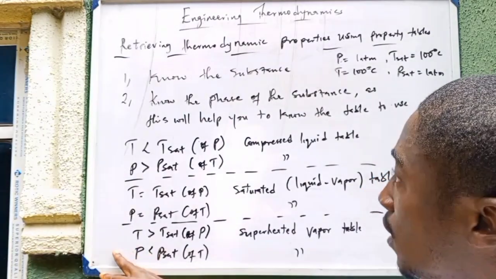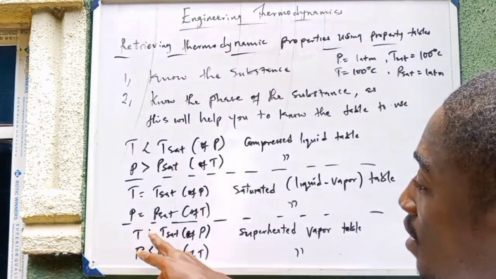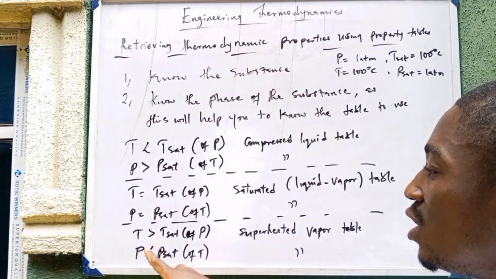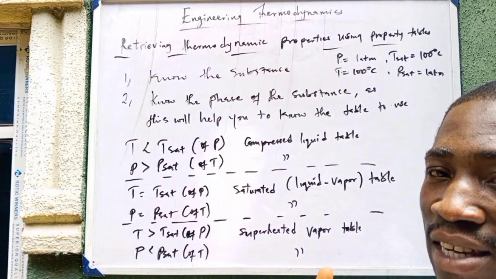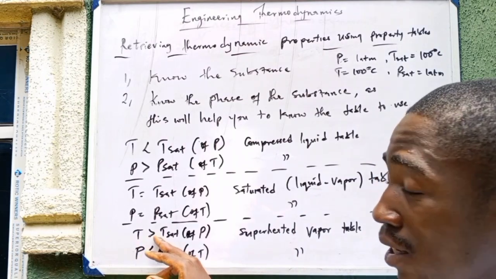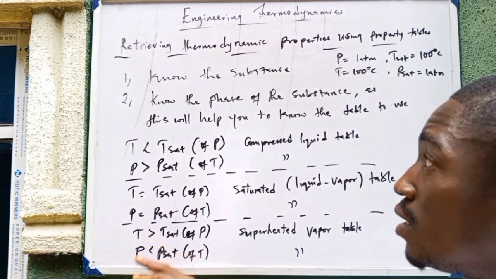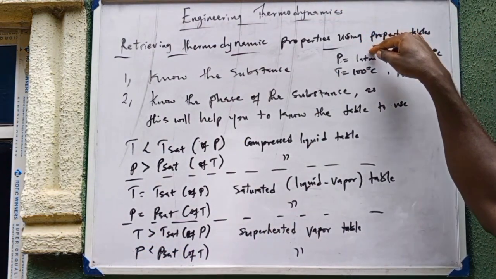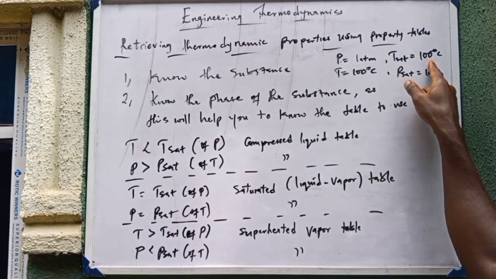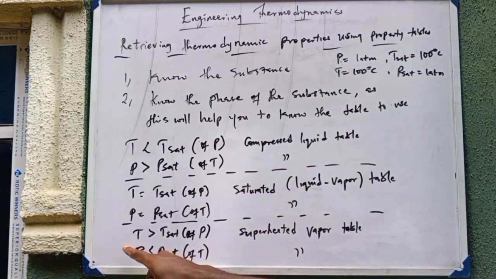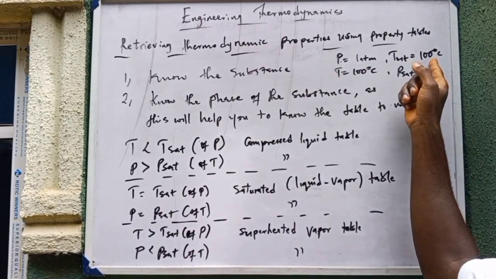Now, the third case is if T is greater than T sat. Remember your T-v diagram, this can only be possible when we have entered the superheated vapor region. So in that case, when we have fixed pressure at 1 atm, we know that T sat is 100 degrees Celsius. So we are checking if the temperature we are working with is greater than 100 degrees Celsius.